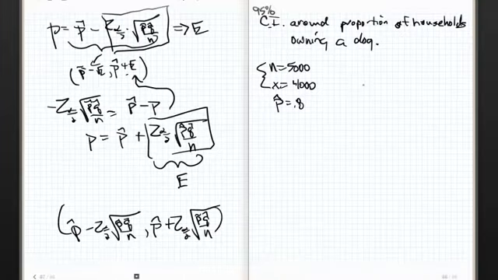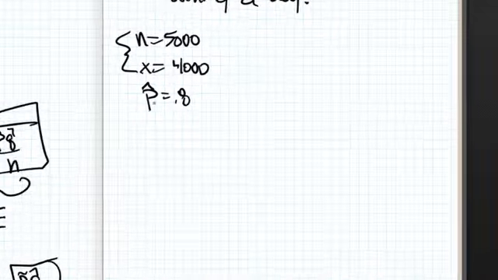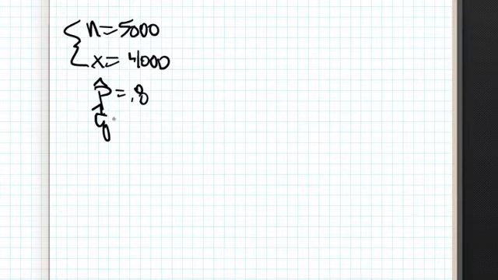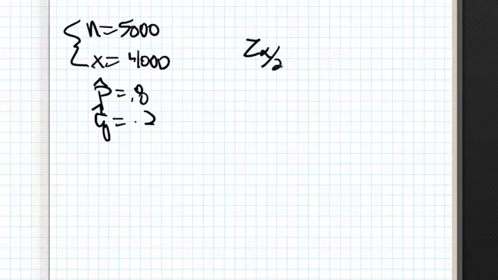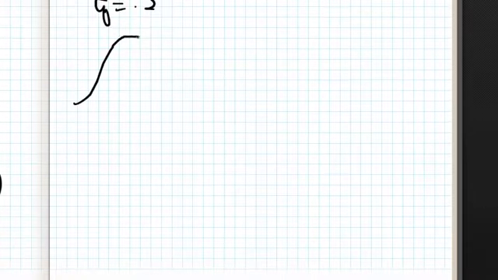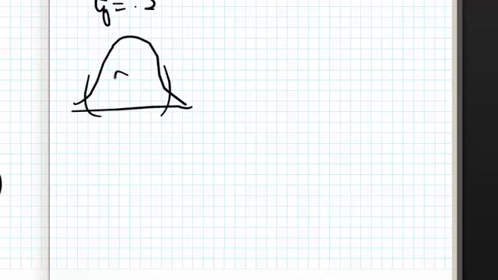However, let's not get crazy here for just a sec. I've got p hat. I'm going to do q hat, which is 0.2. I've got n. I need z alpha over 2, so let's figure this out. If I'm going to create a 95% confidence interval, then alpha is 0.05, or 5%.